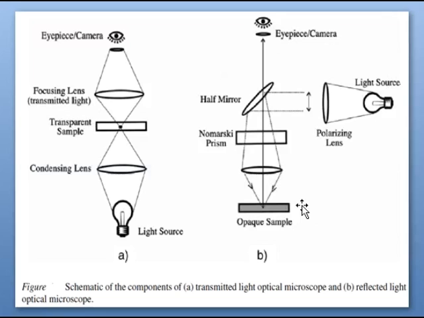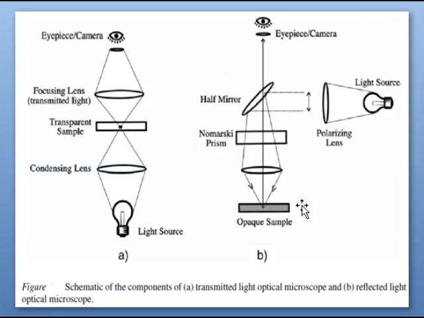So here two kinds of lenses are there. One is the objective lens and another one, situated at the eye where we will be seeing, is the eyepiece. So two lenses are there, each having its own magnification. These two are the important lenses, and in certain cases we will be using another lens, that is, a condensing lens.